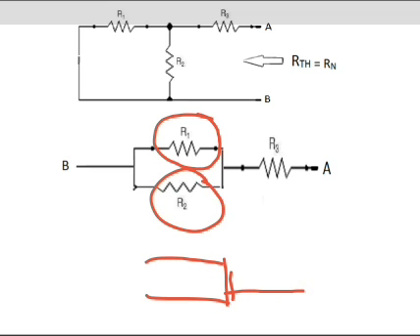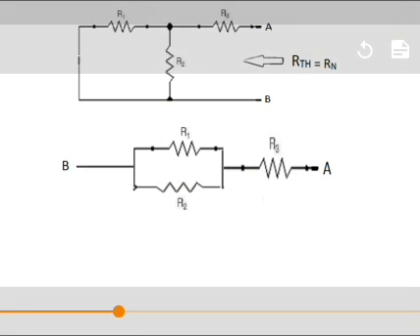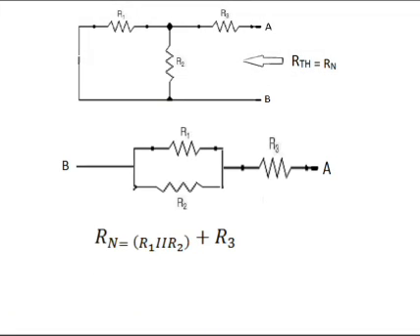That means this one. So Norton's resistance equals R1 parallel R2 plus R3. Therefore, RTH equals R1 into R2 divided by R1 plus R2, plus R3. That equals Norton's resistance. Like this, we can calculate the value of Norton's resistance.